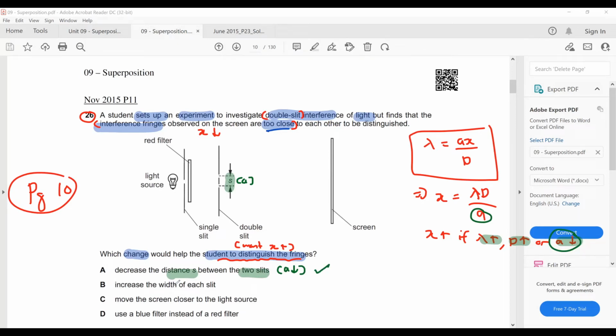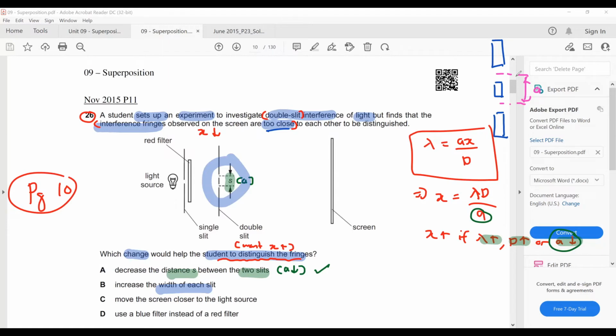How about the part where they say increase the width of each slit? Increasing the width of each slit is more like this. If I were to give you a close-up of the double slit, it looks like this. The center-to-center distance of the slits is your a.